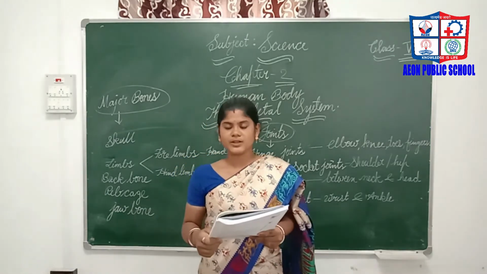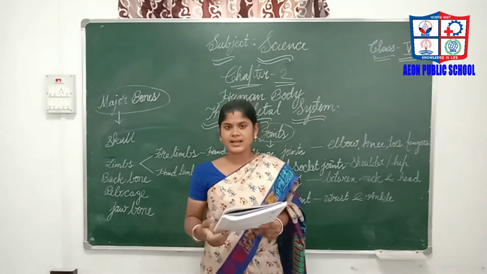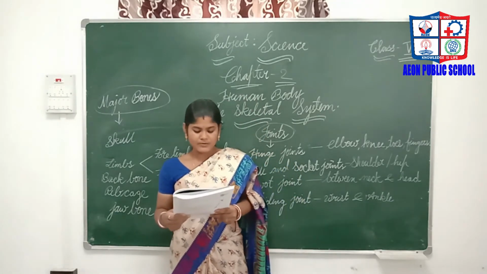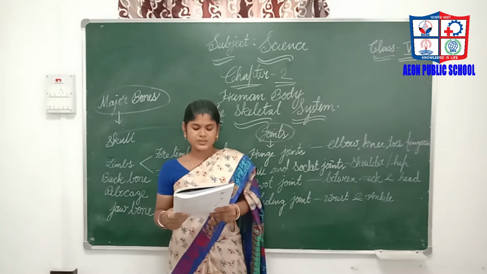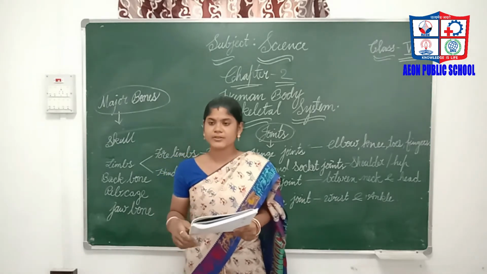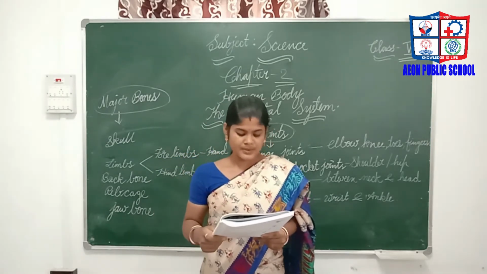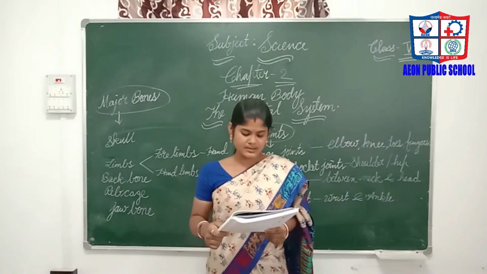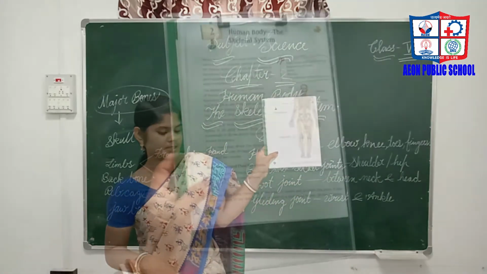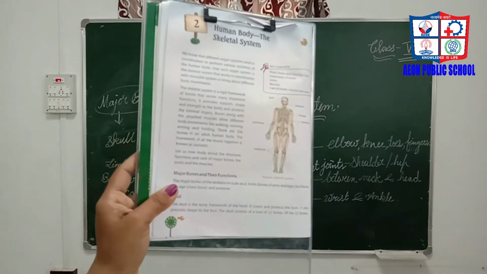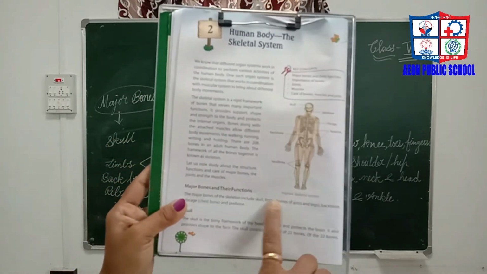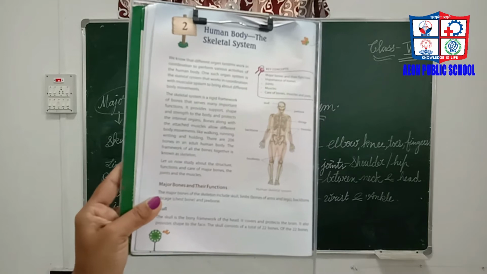In our body we have 206 bones in an adult. The framework of the bones together is known as the skeleton. So the framework of our body is known as the skeleton. See the picture of the skeleton. This is the human skeletal system.